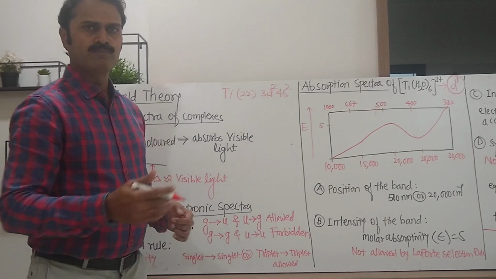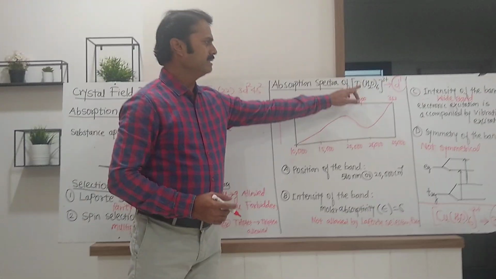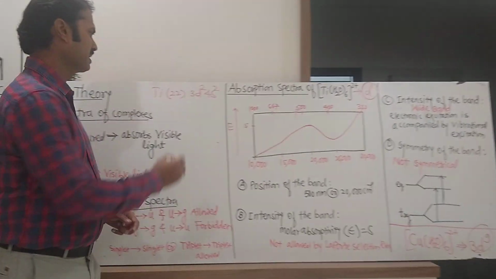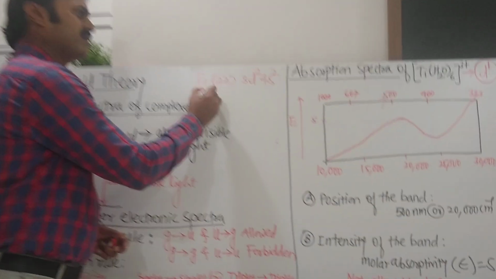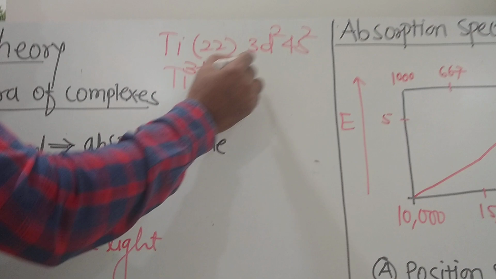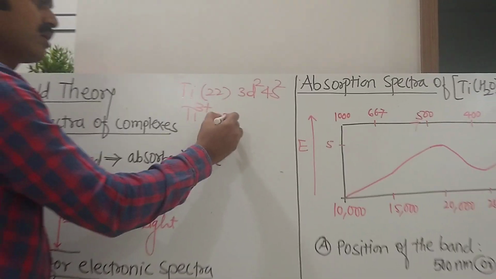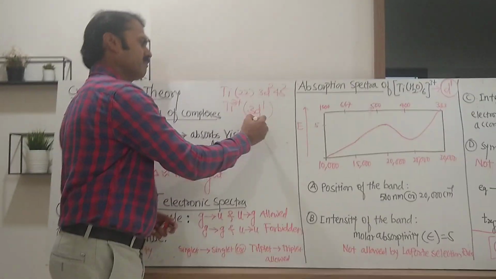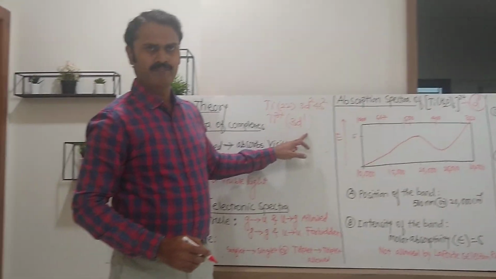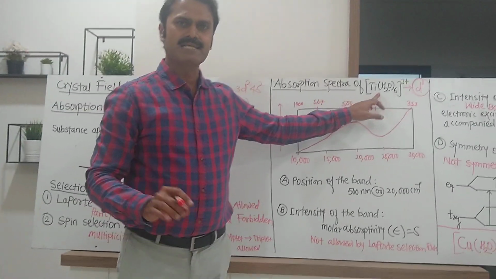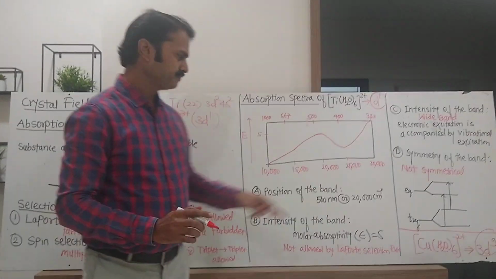In the hexaaquatitanium(III) complex, the oxidation state of titanium is +3 and hence it loses 3 electrons from the outermost shell. The configuration becomes 3d1. Therefore, this complex is an example of a d1 system.